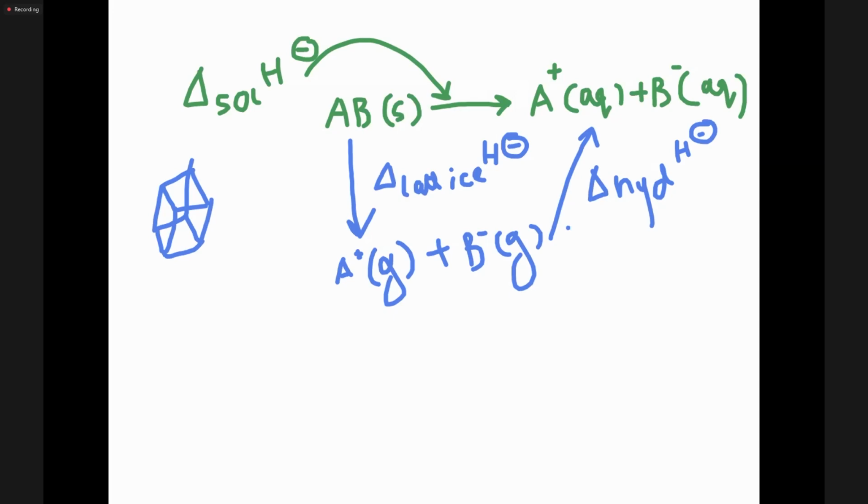So delta solution H is equal to delta lattice H plus delta hydration H.